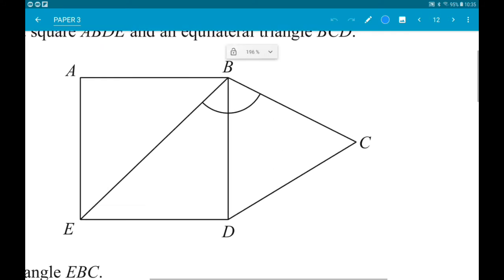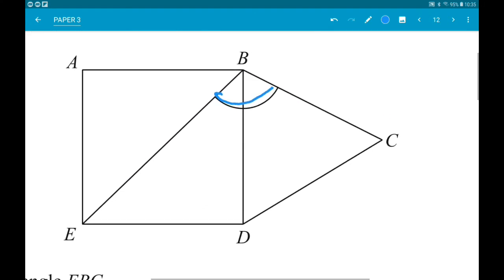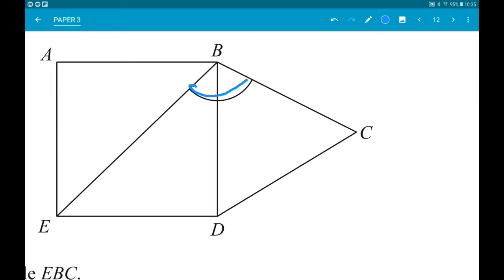So, angle EBC is this whole chop up here. Now, because BCD is equilateral, that means all of its angles are the same size. So they are all 60 degrees, because angles in a triangle add up to 180.